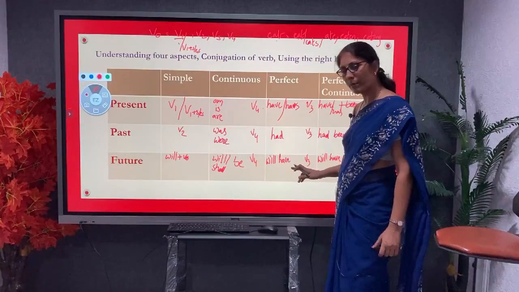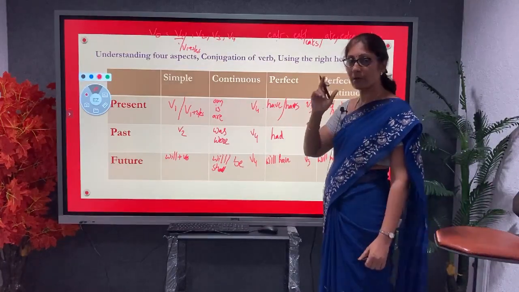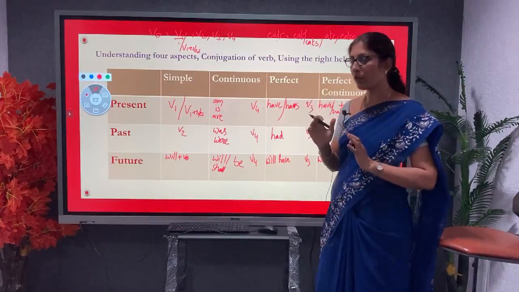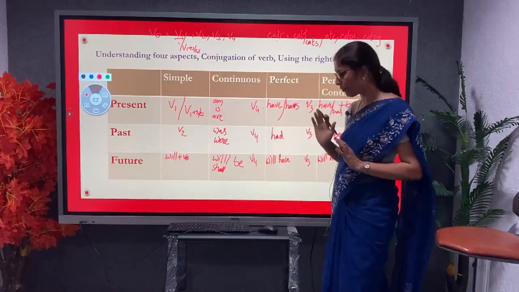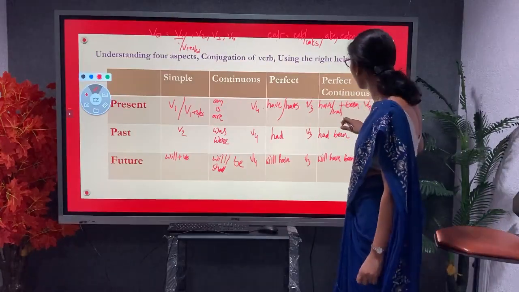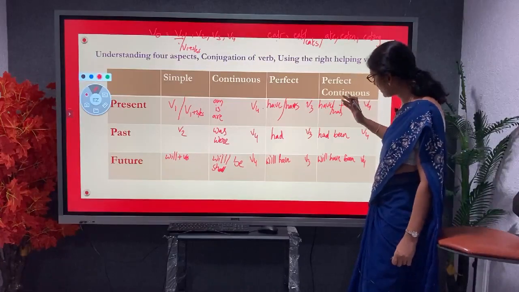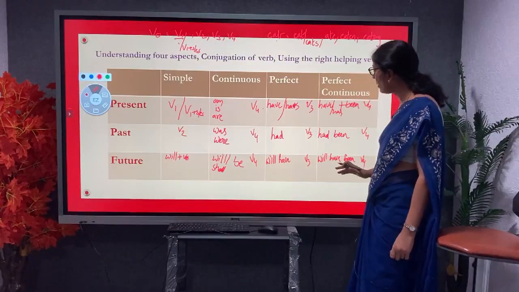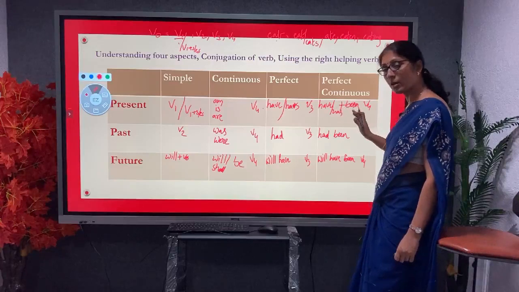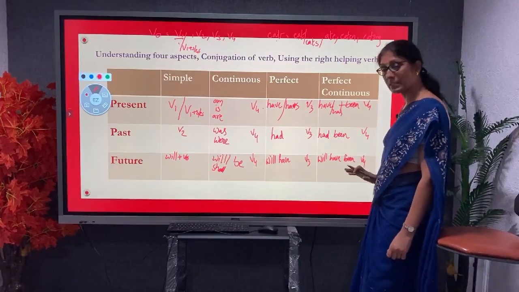And future perfect: when you hear future, will should come to your mind. Will have V3. And perfect continuous means V4. Perfect means have, has or had, and after have, has or had we need to use V3, so been replaces it.